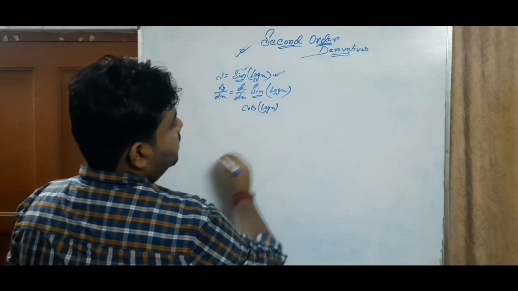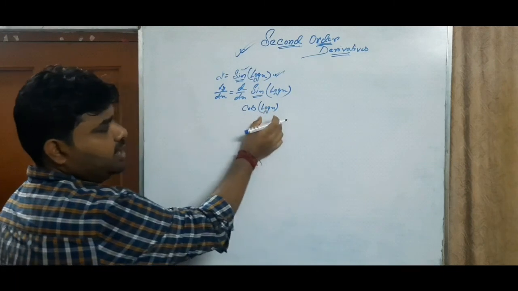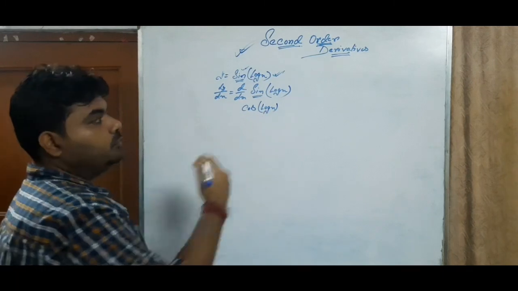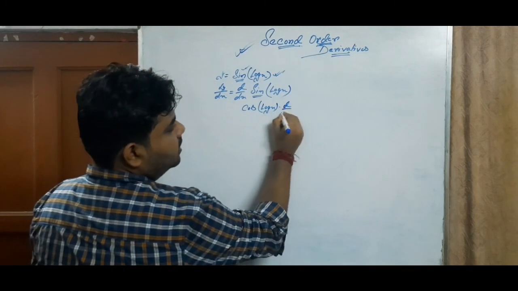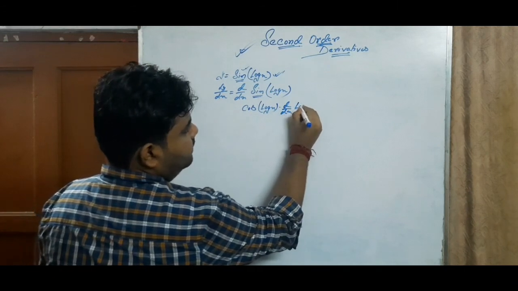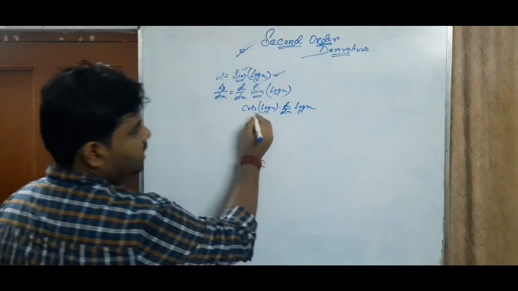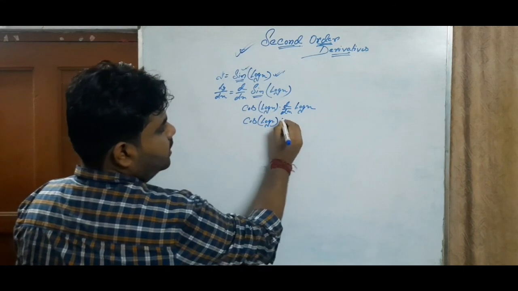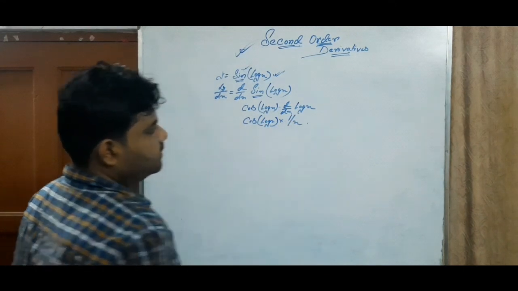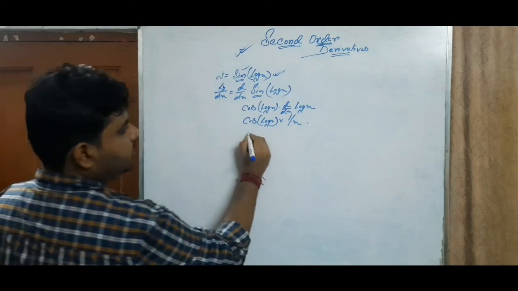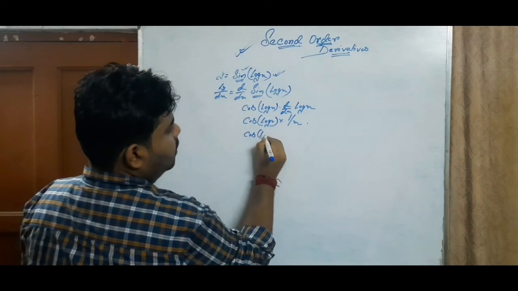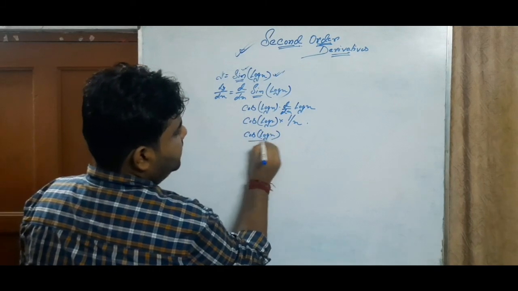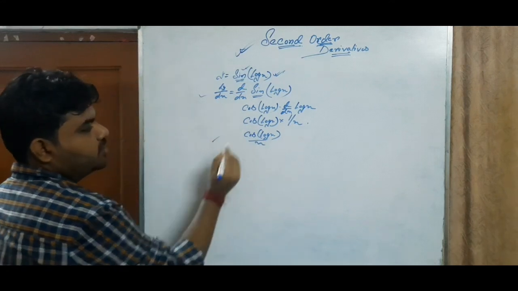Now chain rule. Since it is not x, this is log x, we will have to differentiate log x separately. That is cos of log x into 1 by x, that is cos log x by x. This is our first order derivative.